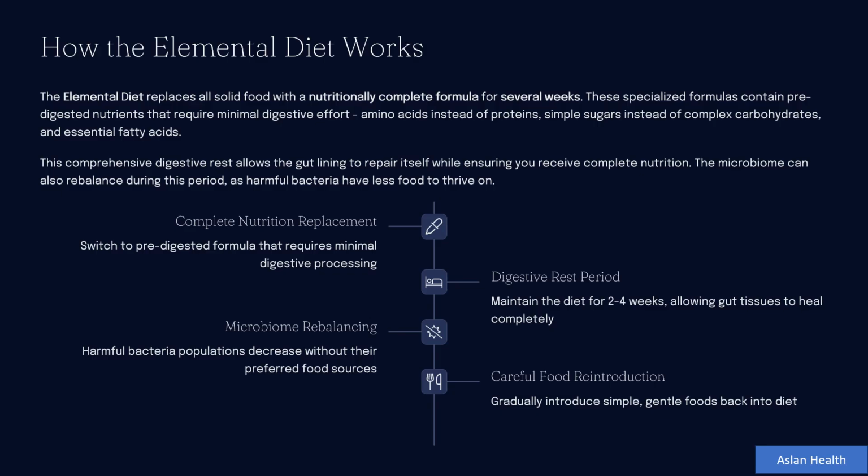Vegetables are okay. It allows that to reset, and then after that, you have careful, gradual reintroduction of foods so that you don't overwhelm your gastrointestinal tract in the process of going off of this product.